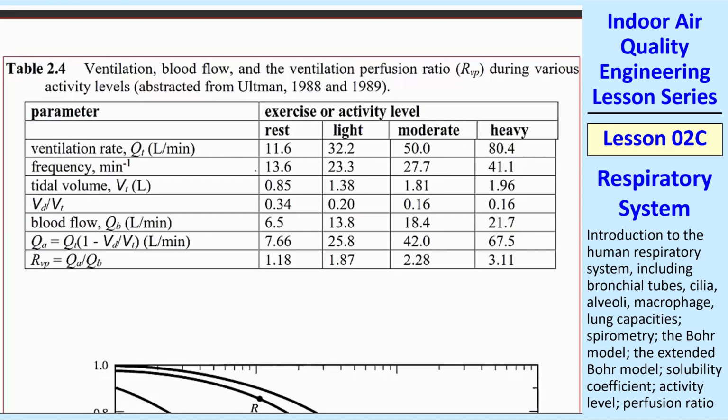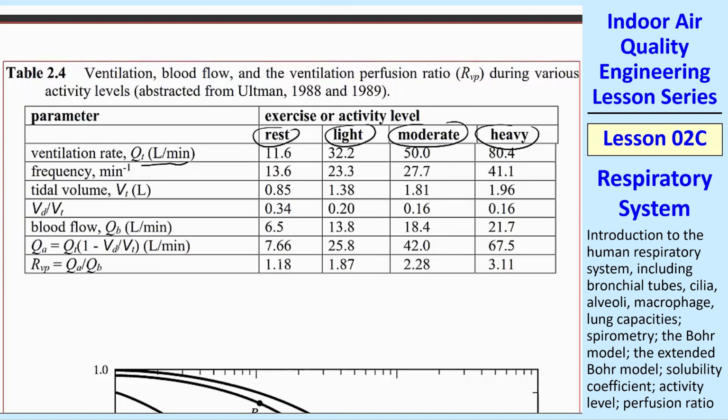This is table 2.4 right from our textbook. You can see we have these 4 different types of exercise, and we're looking at all these properties: ventilation rate, liters per minute, frequency, that's our F, so how many breaths per minute. I like to just compare rest to heavy exercise.